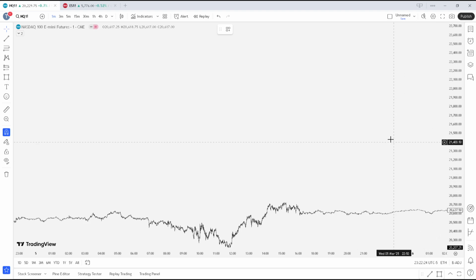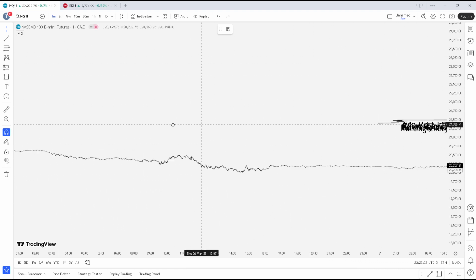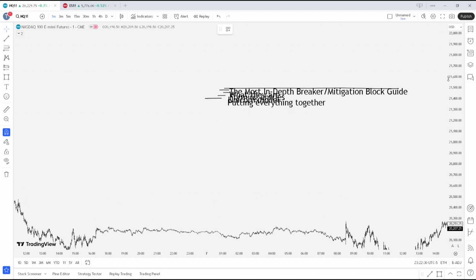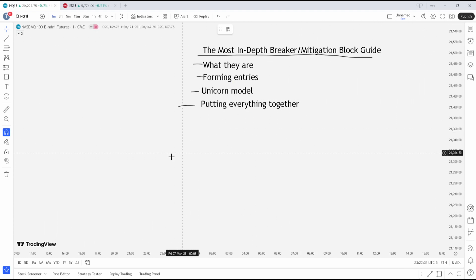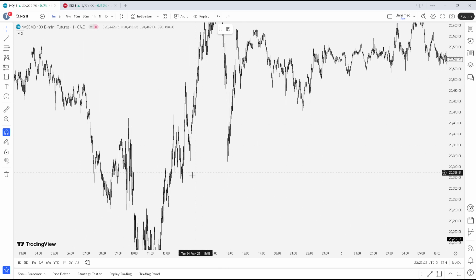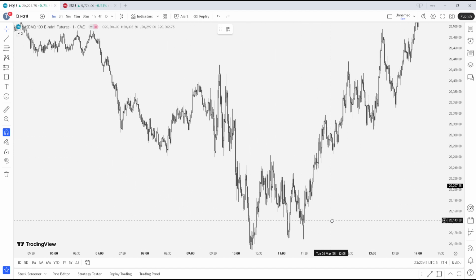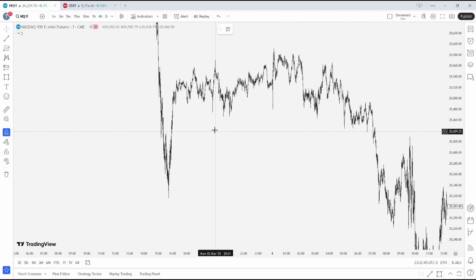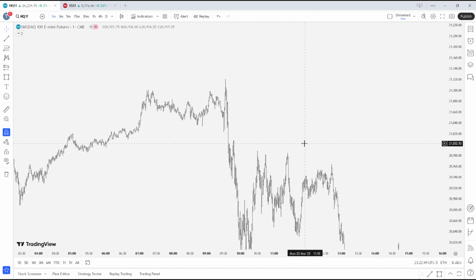And let's see, where did I put my, oh, right here. Next, all right, we're talking about the unicorn model and also putting everything together. Actually, I forgot to mention how you form entries off mitigations, but I think you guys do get the idea. It's the same as the breaker.